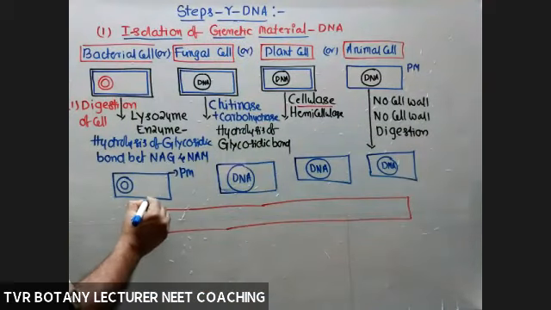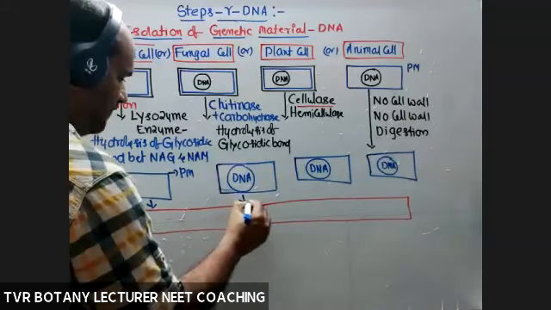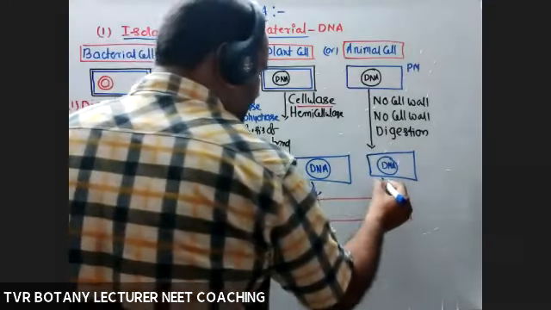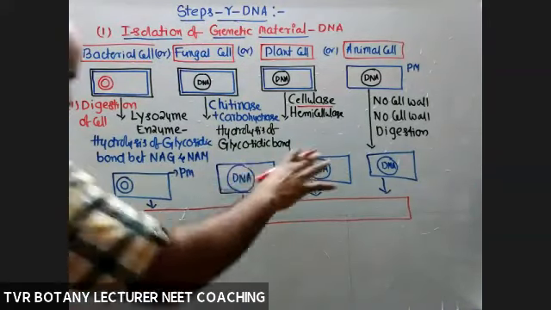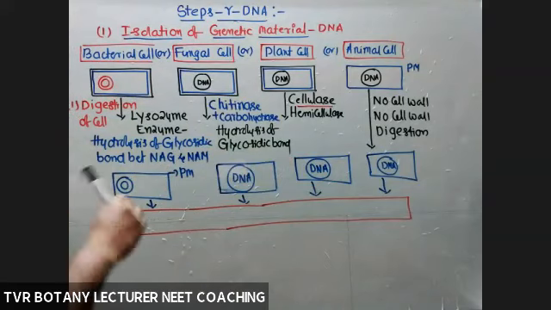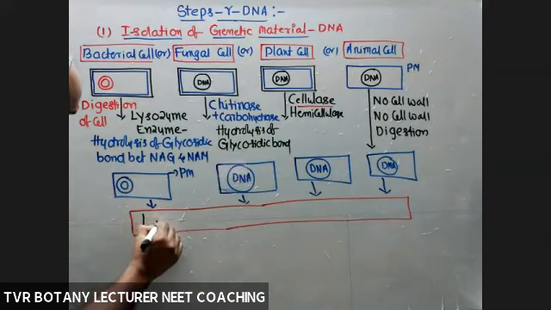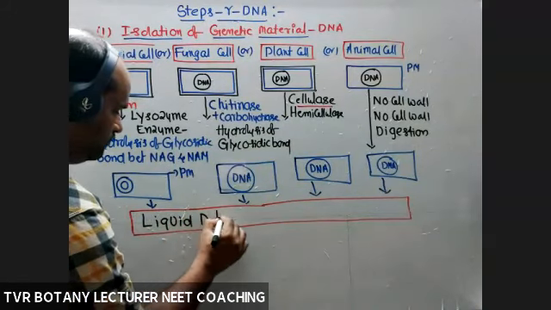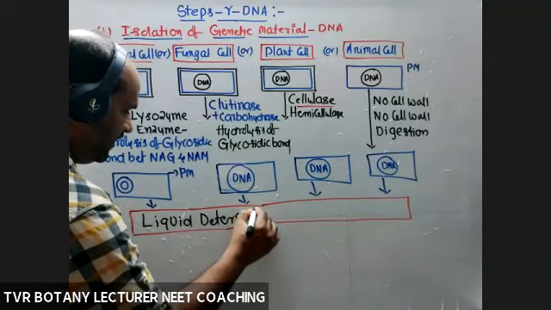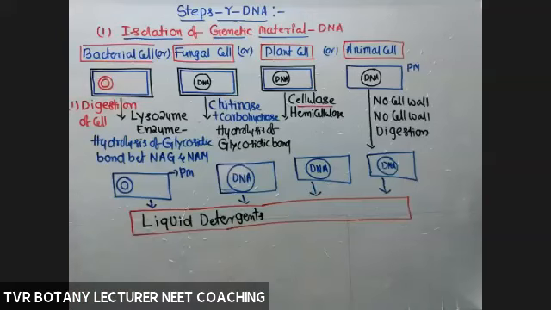So this step is concerned with removal of all the membranes. Chemically, all the membranes are the same type. So now all these cells are subjected to liquid detergents, like Ariel, Tide, not exactly those, but overall liquid detergents, which we generally use in the case of laundry.